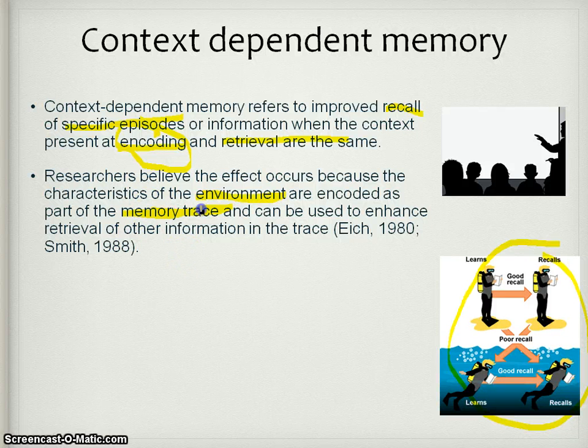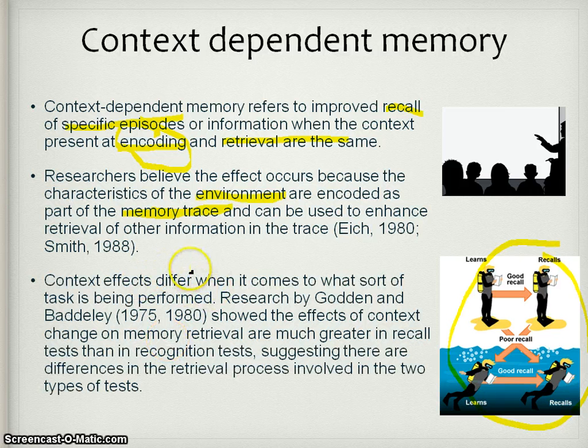So, yeah, this study by Godden and Baddeley, 1975 and 1980, essentially what they did was they got participants to learn and recall either on land, on the beach, or underwater. And they found good recall if you learnt and recalled on the beach, and also good recall if you learnt it underwater and recalled it underwater.